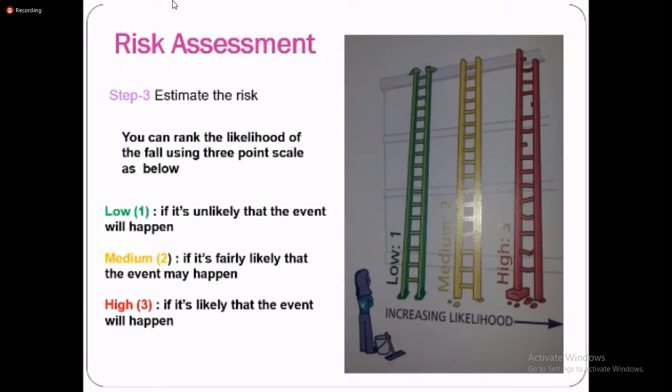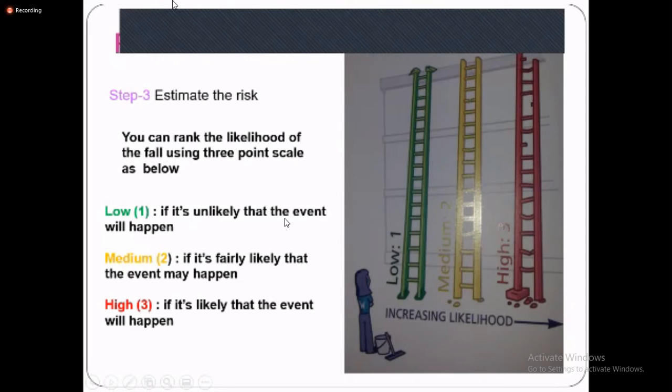Then it might be more difficult, right? Likewise, in windy weather it could be very difficult. When you consider the likelihood, you have to consider those factors. Then it says low if it is unlikely that the event will happen. This is low, this is called medium, this is called high. Okay, clear? That is the likelihood. Right, next.